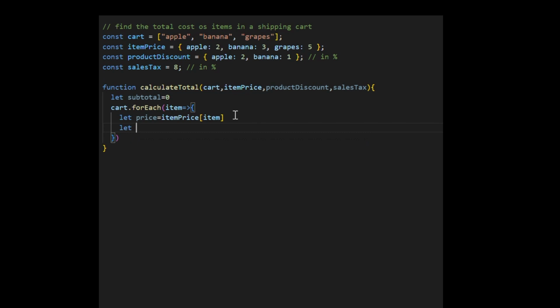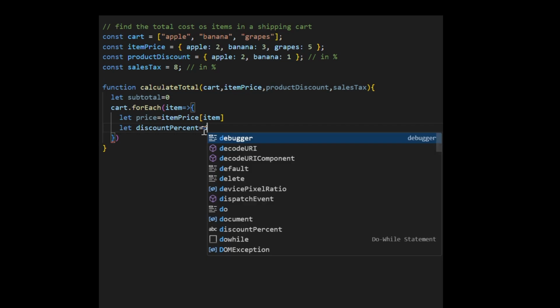We have to know how much percent, right? So discount percent equals discounts of item. That is product discount of item.